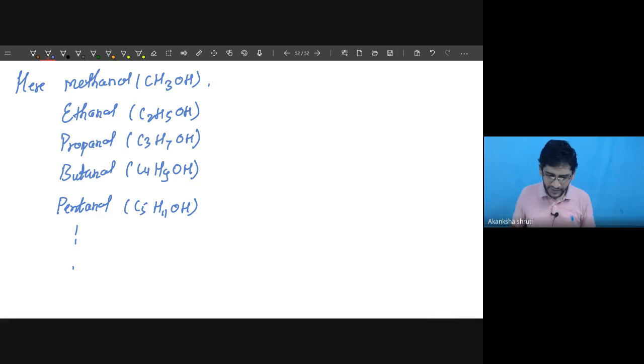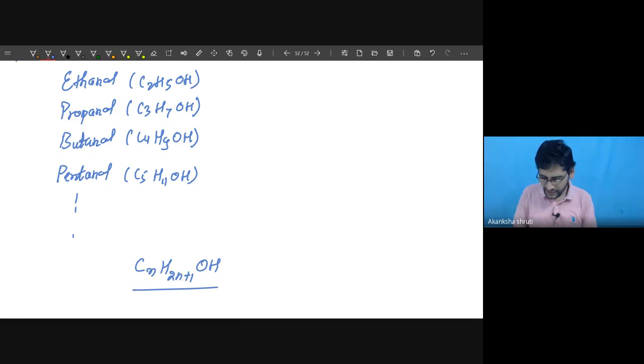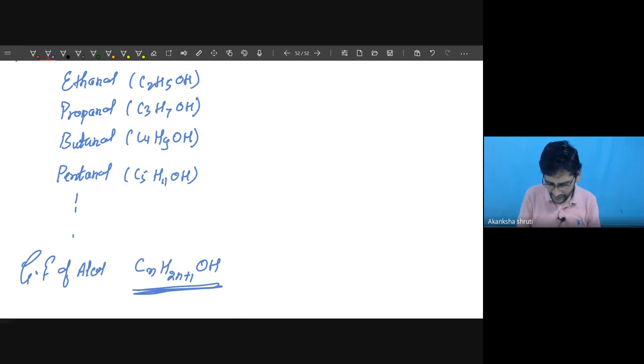So what we are observing in every case is, if C is n, then H is 2n plus 1, and this is attached with OH. So this formula is called the general formula. So it is the general formula of the alcohol homologous series.